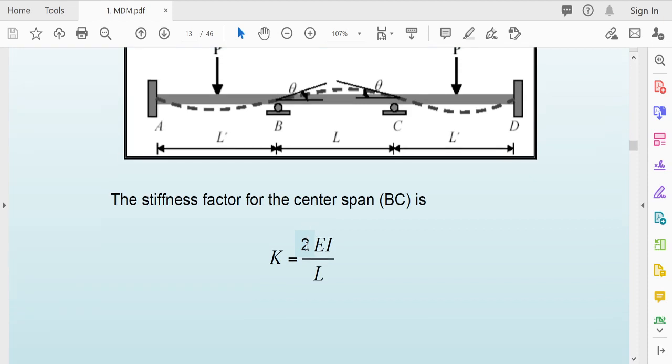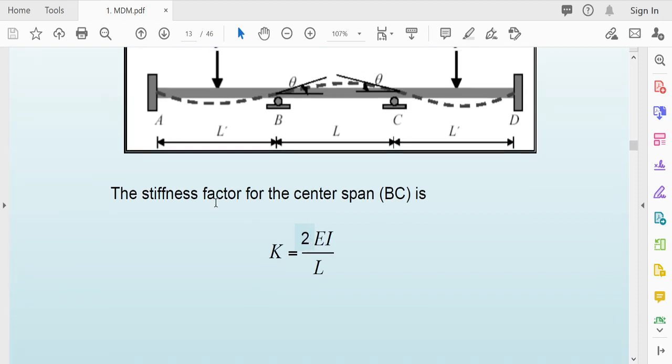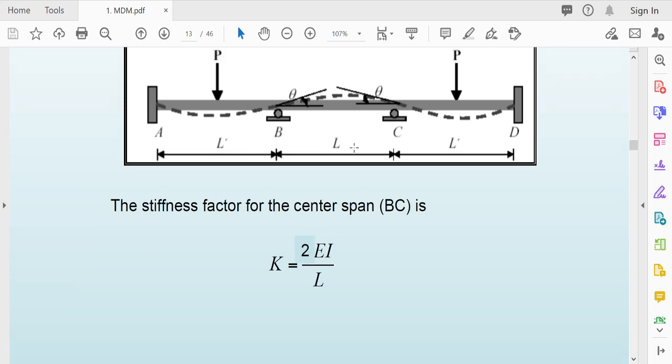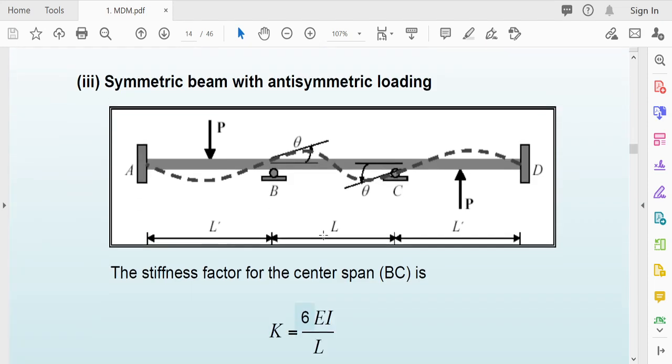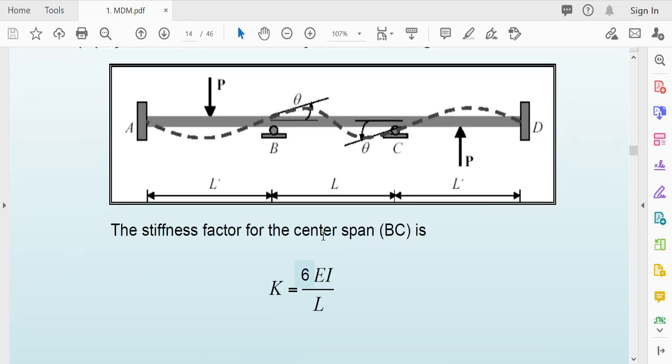This is another formula for stiffness factor. We have K equal to 2EI over L for the center span, the symmetry one, and another one is 6EI over L for the antisymmetry case.